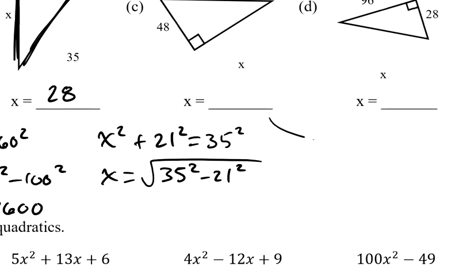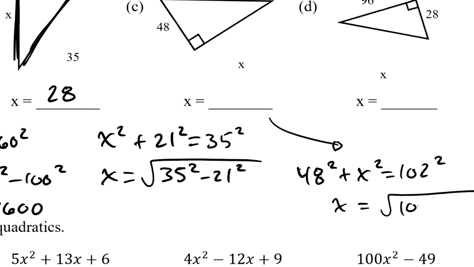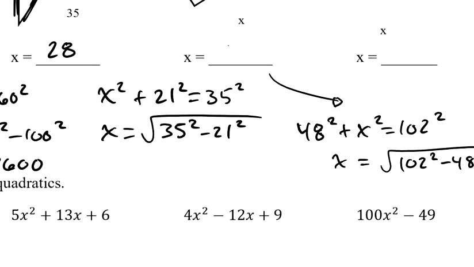Let's go ahead and do C over here. So I'm looking at 48 squared plus x squared equals 102 squared. So x will equal the square root of 102 squared minus 48 squared. So 102 squared minus 48 squared, that gives me 8,100. And when I take the square root of 8,100, I'm looking at the number 90. So x is 90.